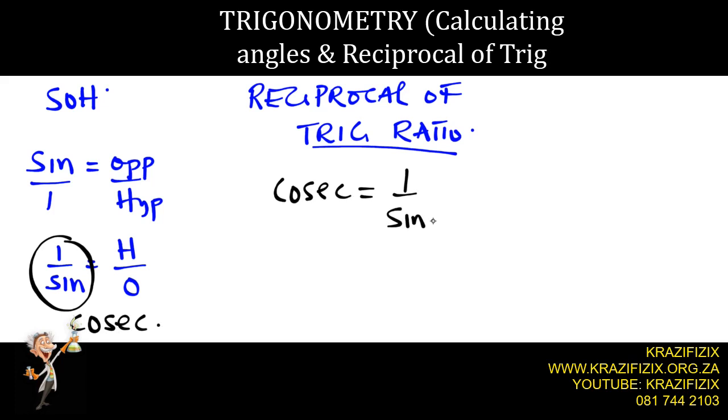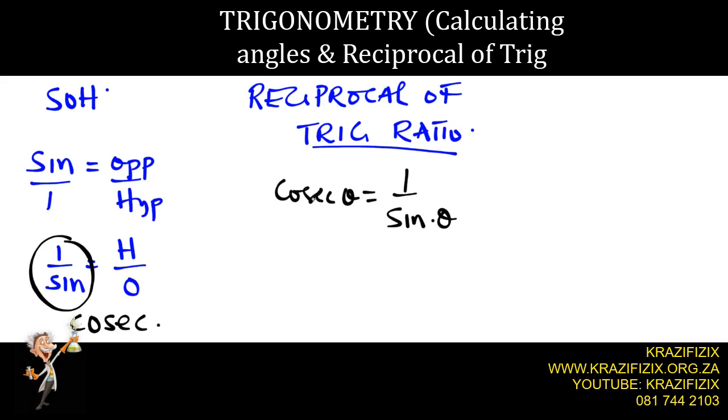So that is one thing we need to know. If I put my angle there, then I would have cosec theta equals 1 over sine theta. That's the first one.